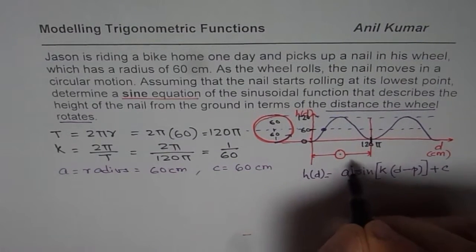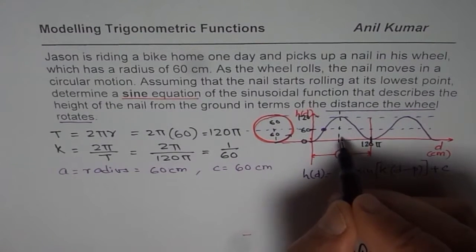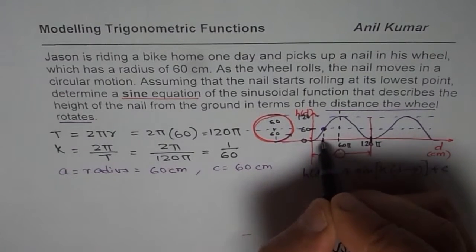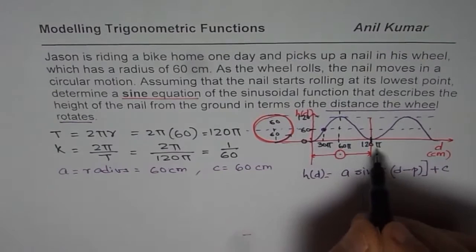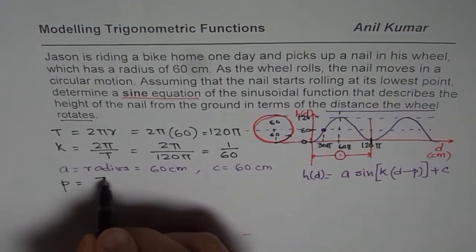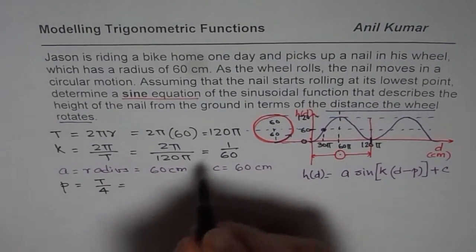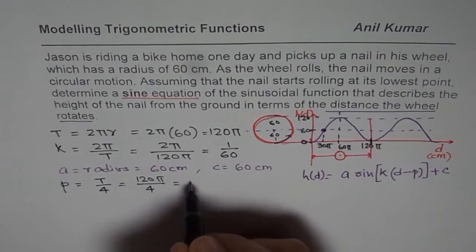This is half of 120 pi, or that will be 60 pi, half of this. And this point will be half of that, which is 30 pi. Do you see? A quarter of the cycle. So phase shift p in this case is T over 4, quarter of the cycle away, right? Which is 120 pi over 4, which is 30 pi.